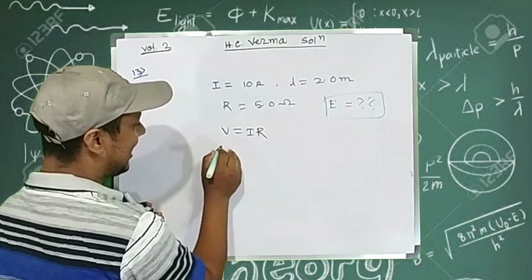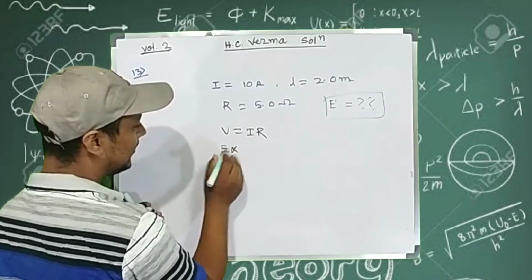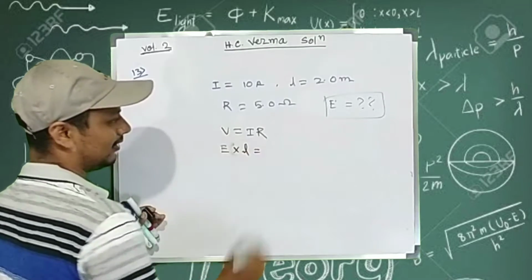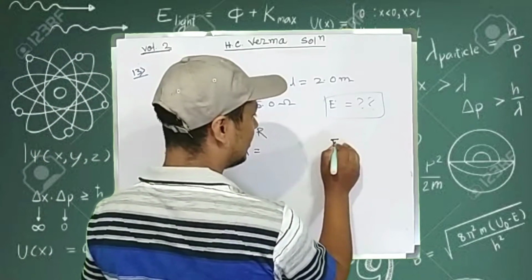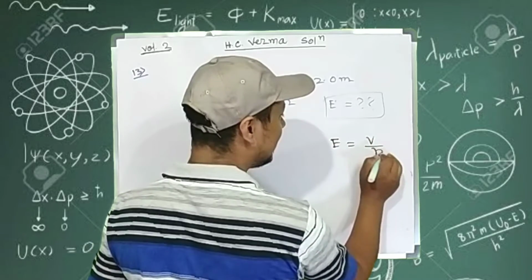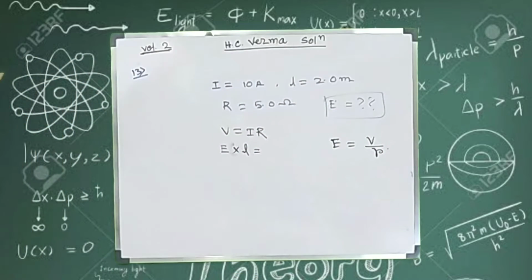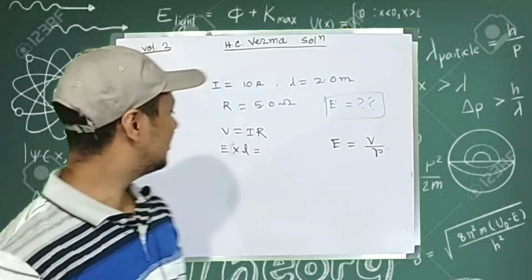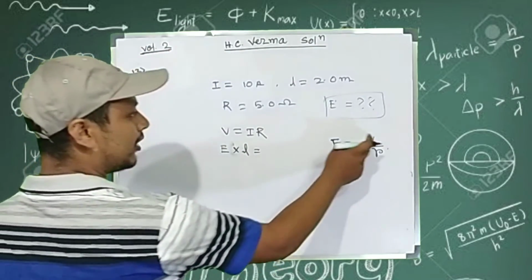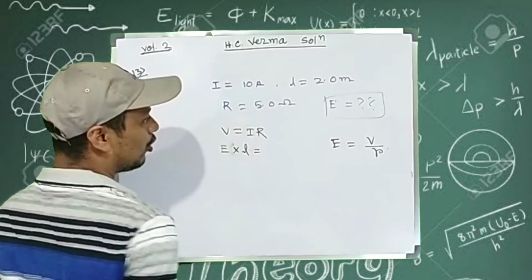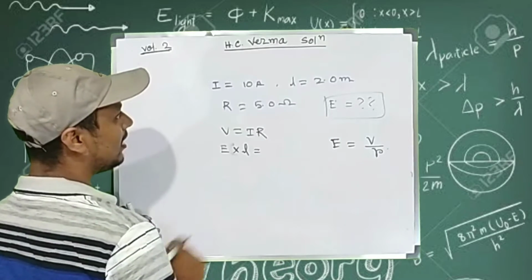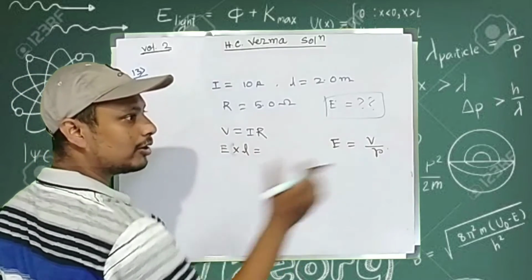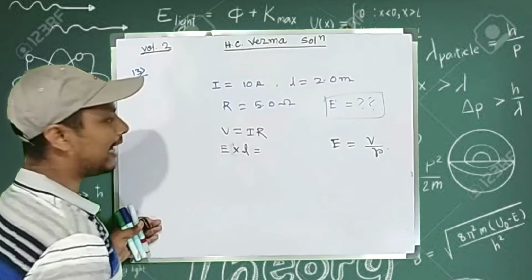You can write V as E into L, because you know the relation E equals V by L, that is electric field equals potential upon distance. So potential can be written as E into L, the length of the wire times the electric field existing between the two ends of the wire.